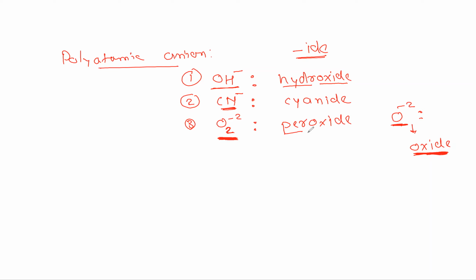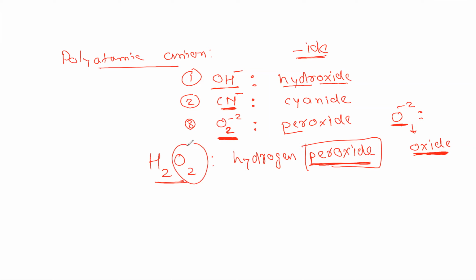So hydrogen peroxide would be the same thing, just with the H. This is called hydrogen peroxide. What we are learning right now is only anions, so that's why we are focusing on oxygen. Peroxide, because it has two oxygen atoms.